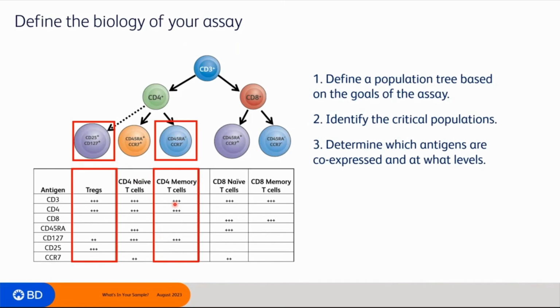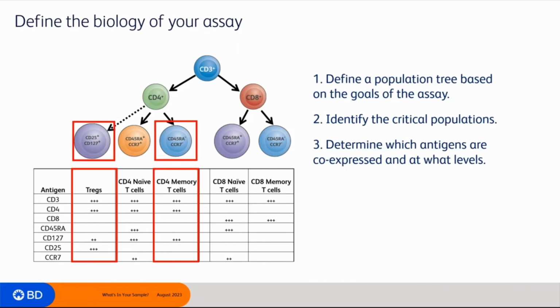These two subsets both express CD3 and CD4, but there are a couple of differences between them. Subset 1 expresses CD25, whereas subset 3 does not. The other difference is the intensity of CD127. Subset 3 expresses brighter CD127.